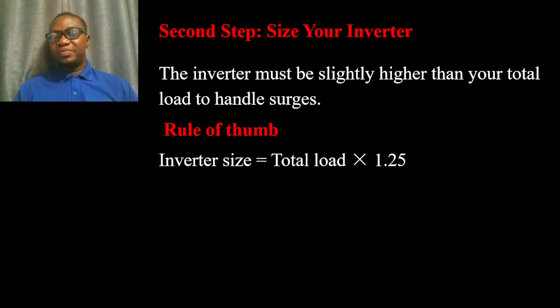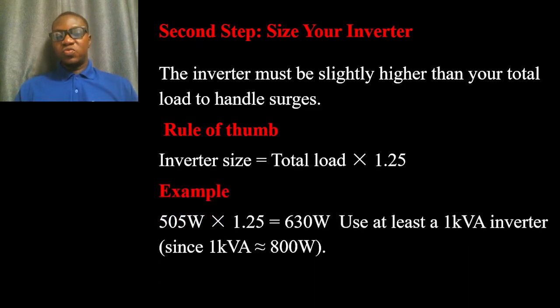This will help the inverter so that it will not face some kind of challenges and get burnt. So 505 watts multiplied by 1.25, you will have 630 watts.